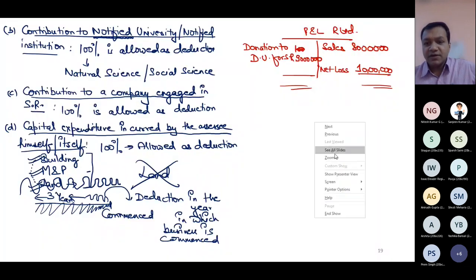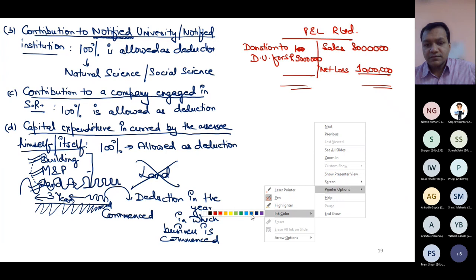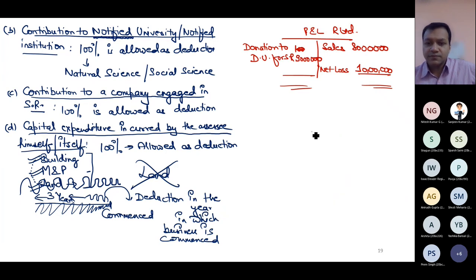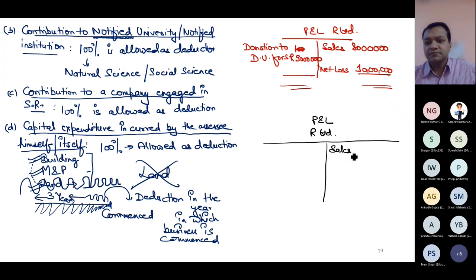I am preparing my P&L account. Again, I am R limited. Sales 80 lakh.